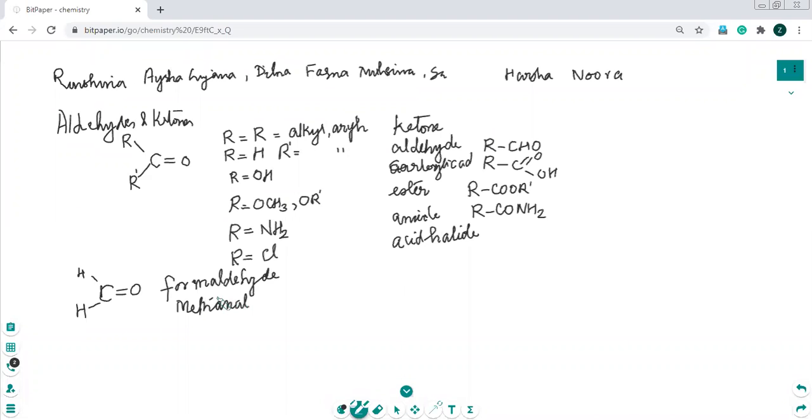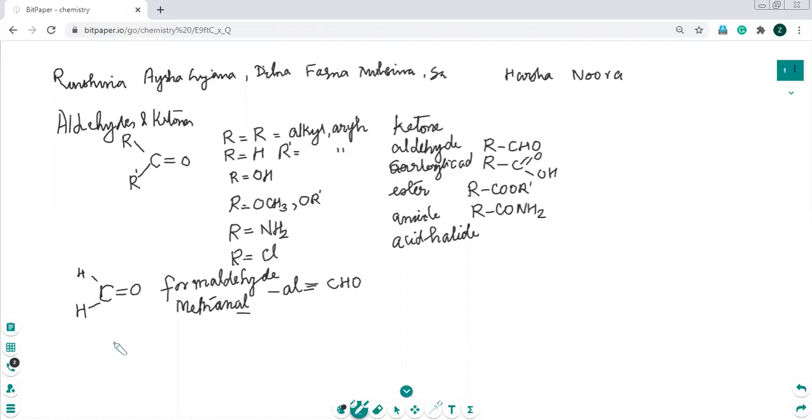That means any name ending with AL is an aldehyde. The AL stands for the CHO group.